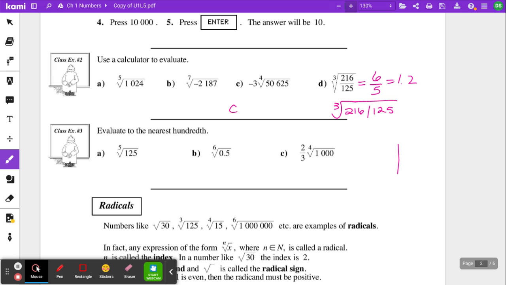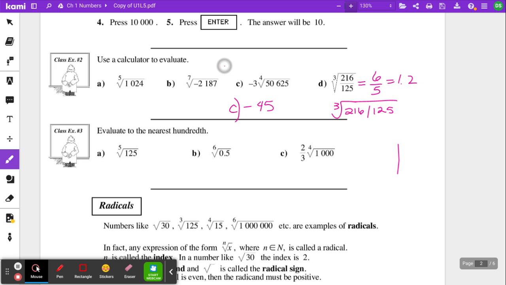Right here, what did you guys all get? -45. Did you type it in just like it was? Did you do the fourth root first? What did you do then? I did -3 times the 4th root.